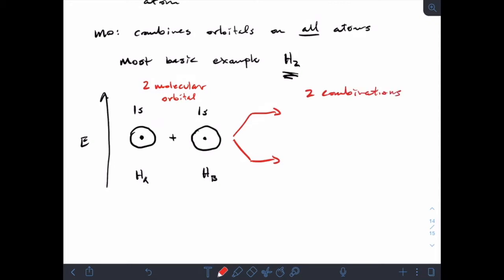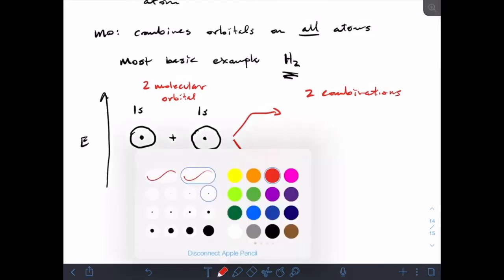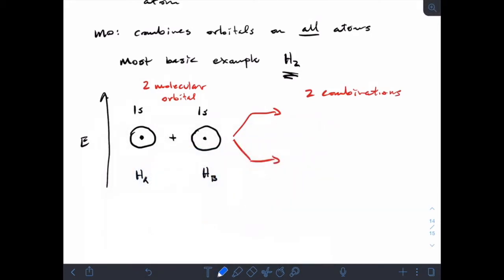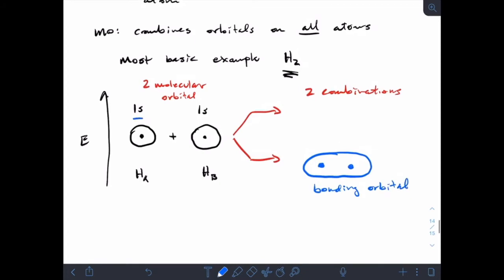And so what happens with one set is that the 2 orbitals will combine into sort of a homogeneous little blob. Okay, and we refer to this one as a bonding orbital. And since we're dealing with 1s orbitals, we're going to call it sigma 1s, because our bonding orbitals are sigma bonds.